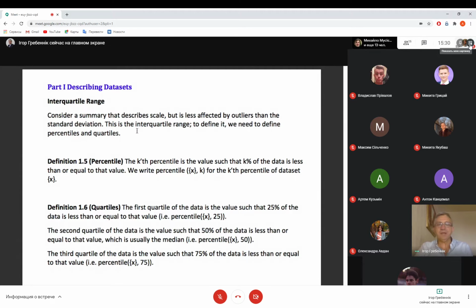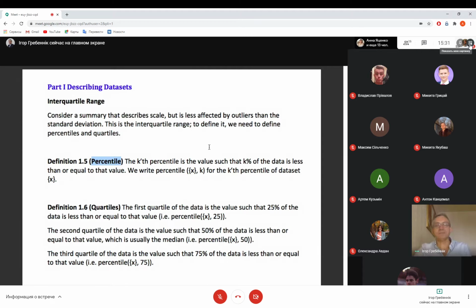To introduce this characteristic, we should start from another numerical characteristic, percentile. The k-th percentile is the value such that k% of the data set is less than or equal to that value.